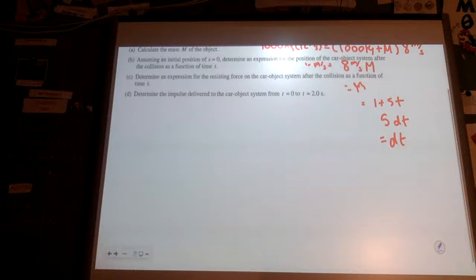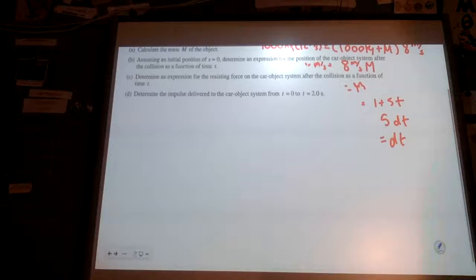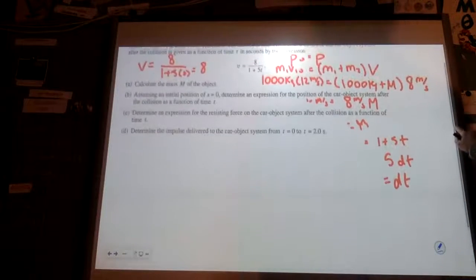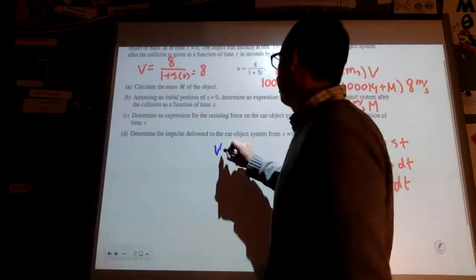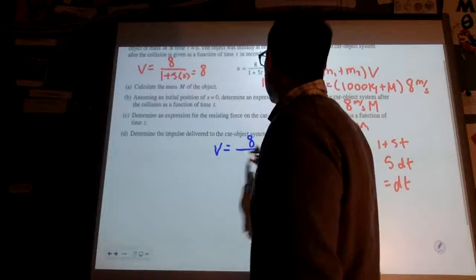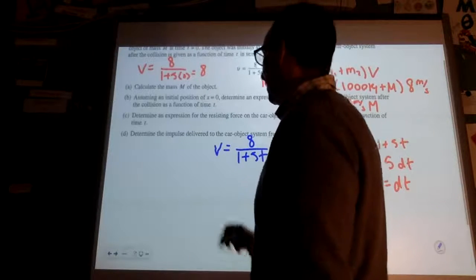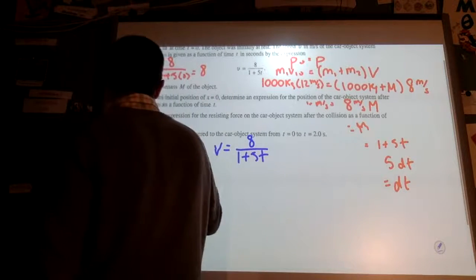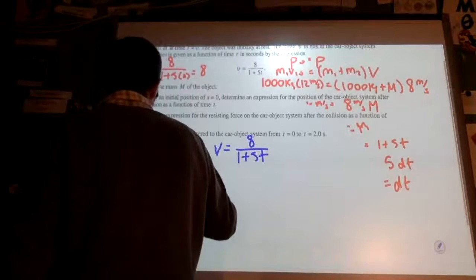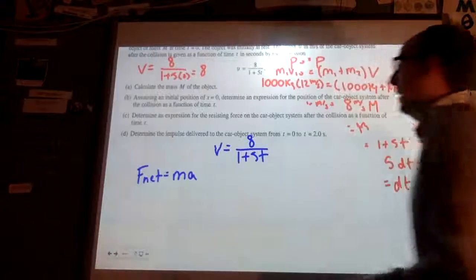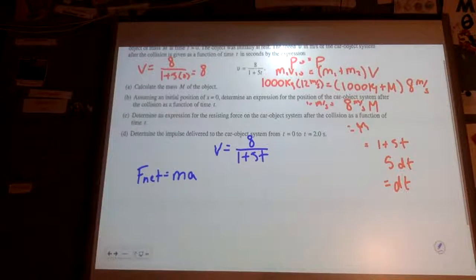All right, so in the next part, we're asking for the resistive force. And so in this one, we're going to take our velocity, and to get the force, I need the mass times the acceleration.